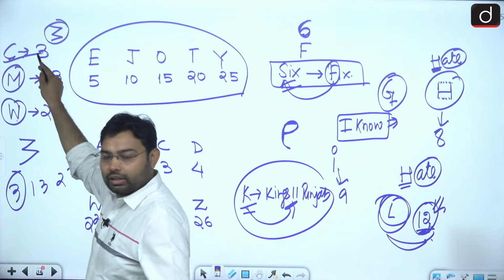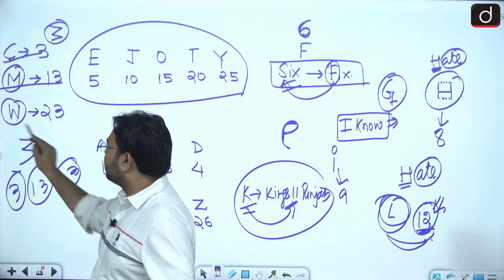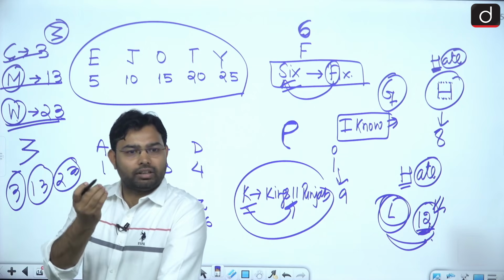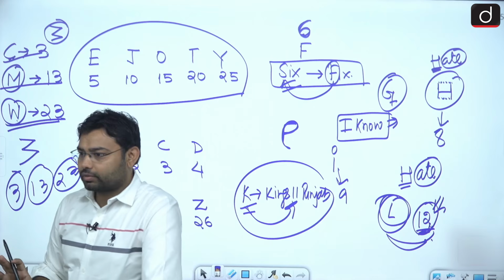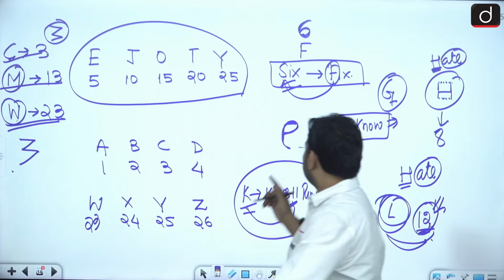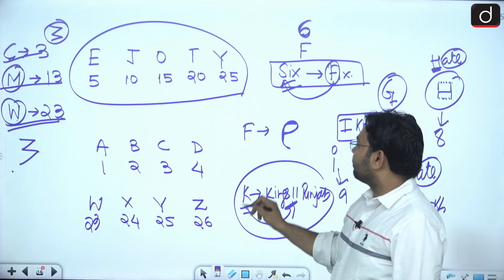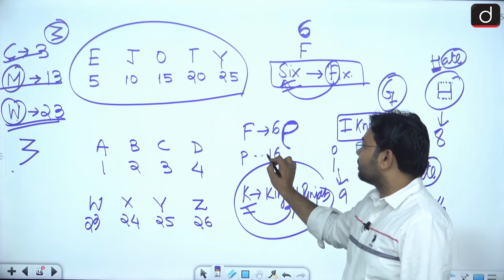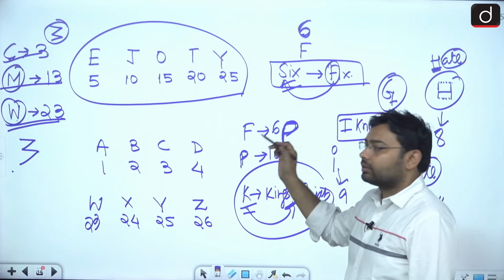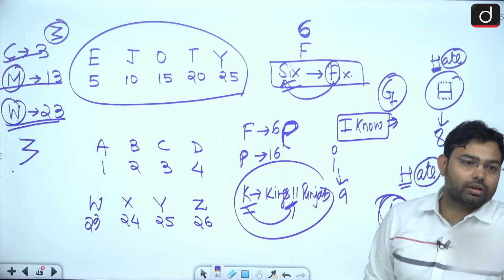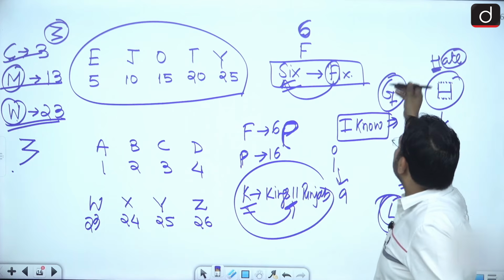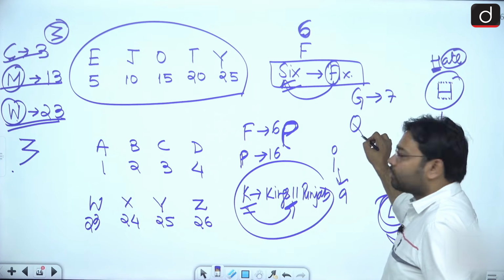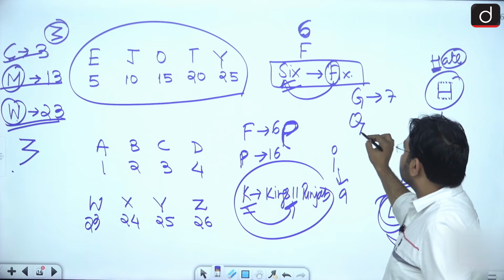Game over. Many letters speak for themselves, saying what number they sit on. Got this one? Done. As I told you, this is F, 6, and the next 6 is on the same figure, so P is on 16. Now G is 7 and this is Q. So make a stylish Q. This is 17.